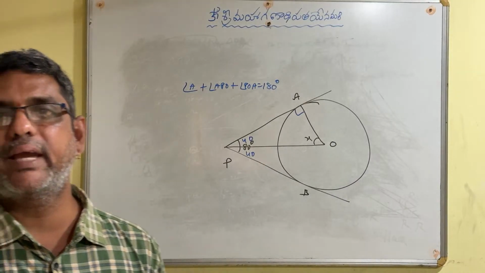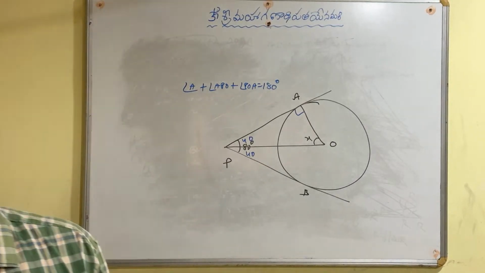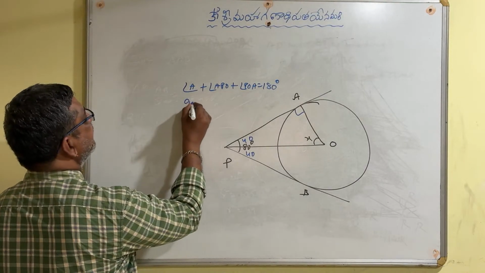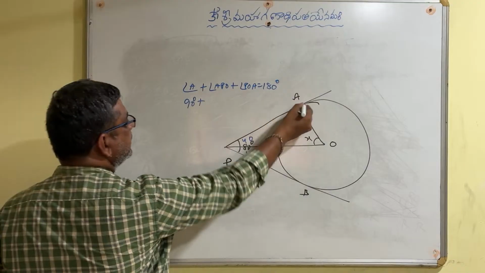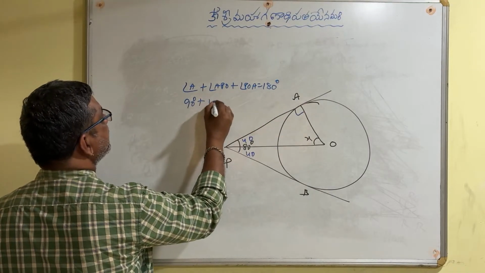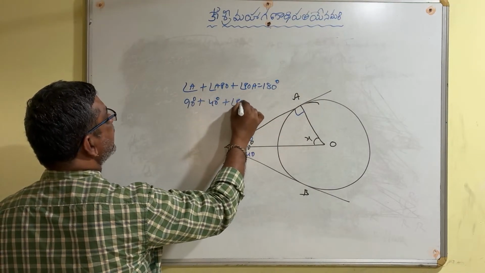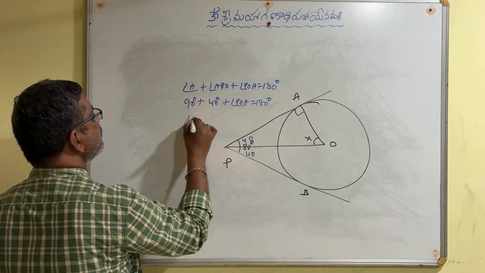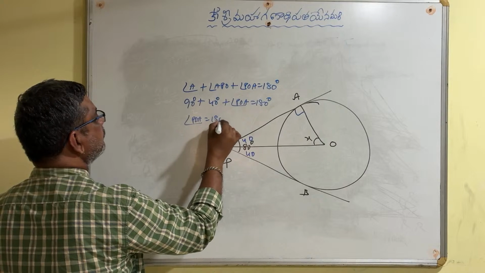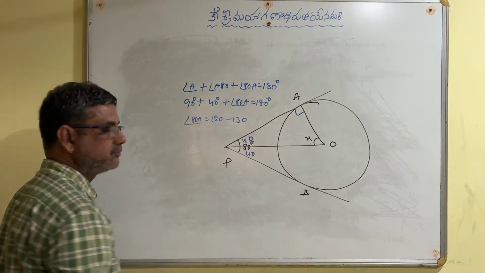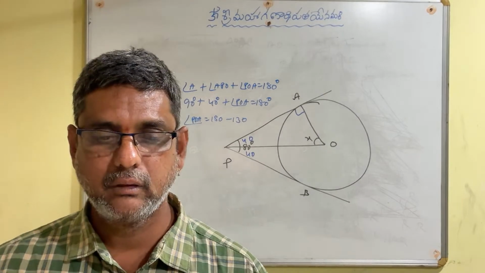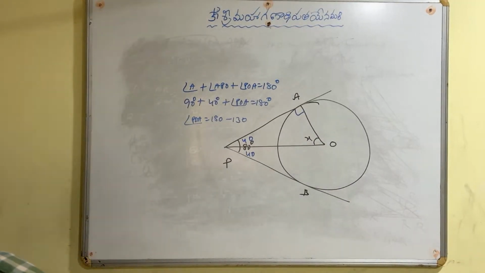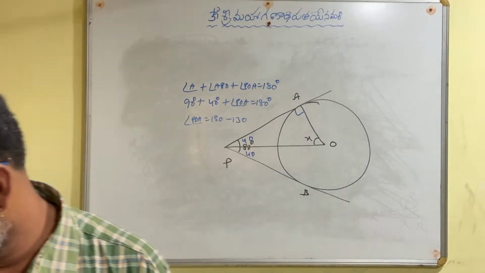This is 90, plus APO 40, plus POA is 180. So POA will be 180 minus 130, which is 50 degrees.